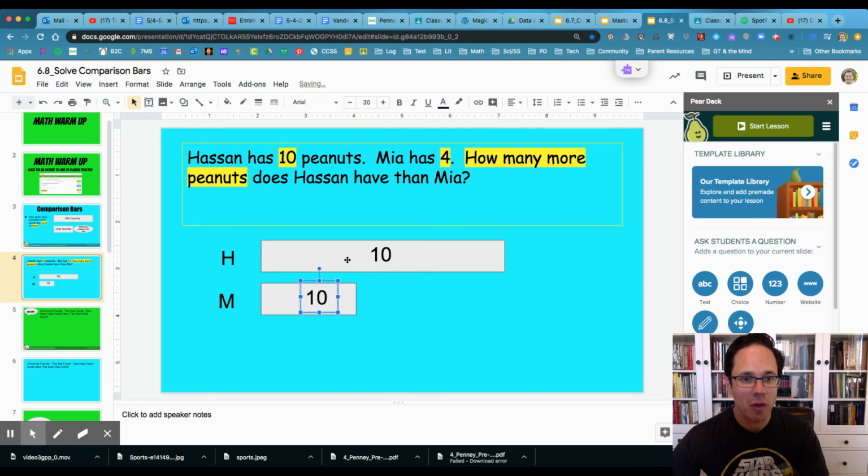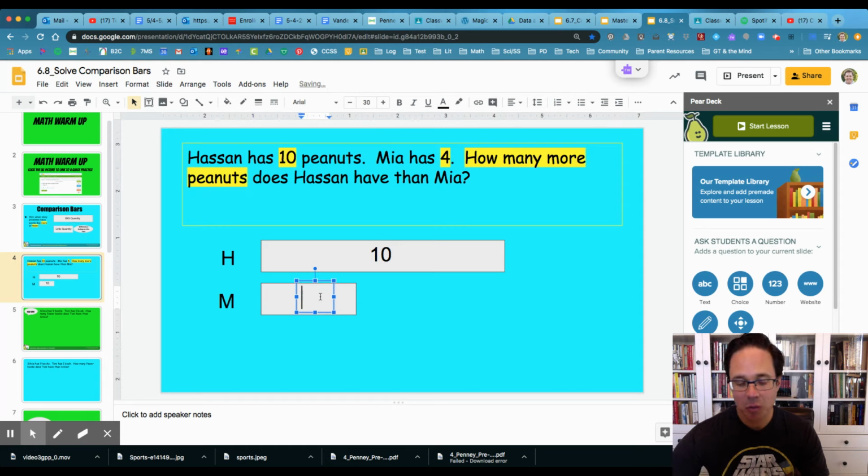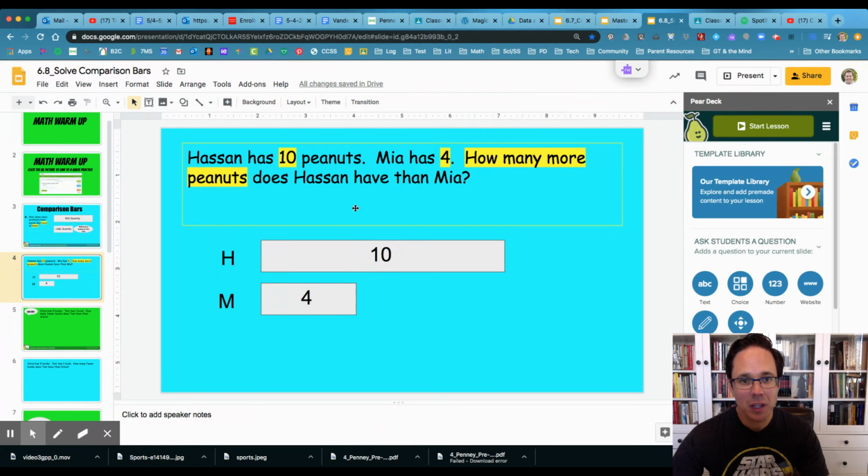Now the question says, how many more peanuts does Hassan have than Mia? So as we're thinking about how many more peanuts they have, this is kind of like a math mountain, okay? If we take this part that Mia has plus how many more Hassan has, we're actually going to have a complete math mountain there.